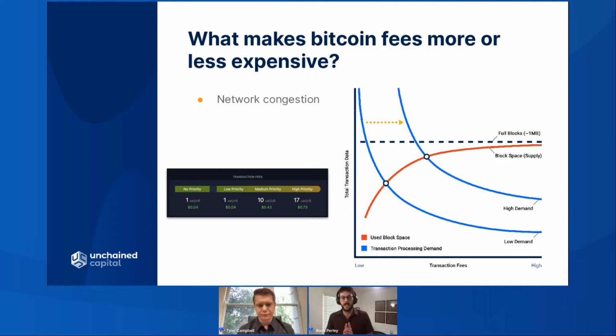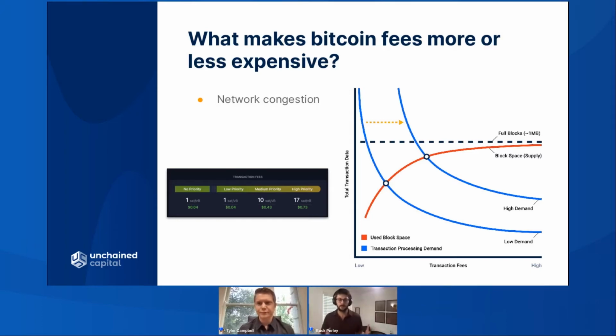What that means is it allows people to self-sort based off of how urgent, how important it is to them to be on that bridge at that precise time, which actually alleviates congestion. This is one of the reasons why having this limited block space is important, because it introduces this idea of a fee market. So how can we apply this to Bitcoin transactions?